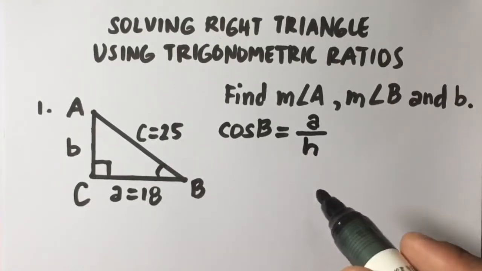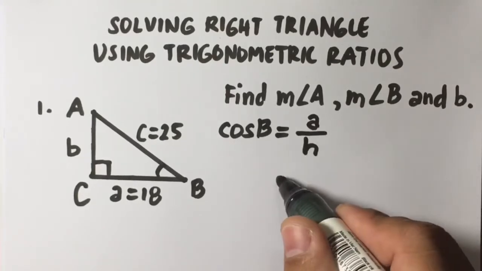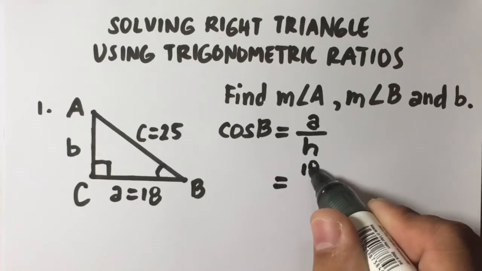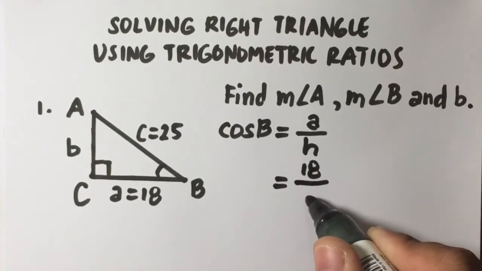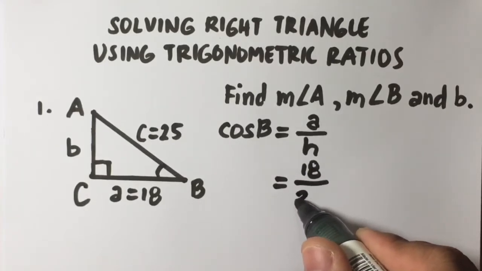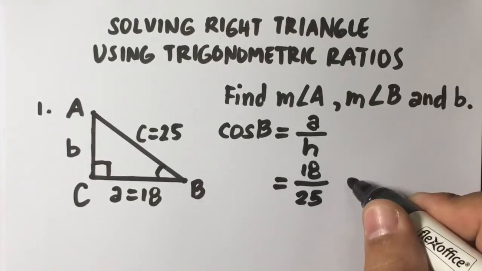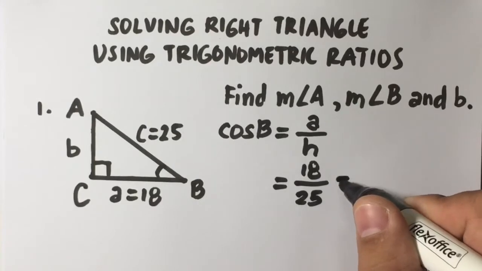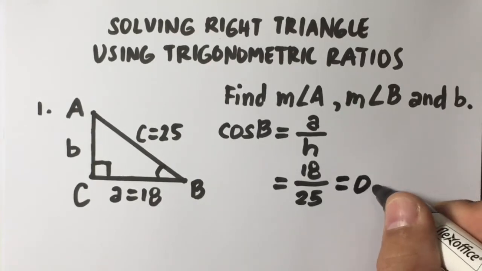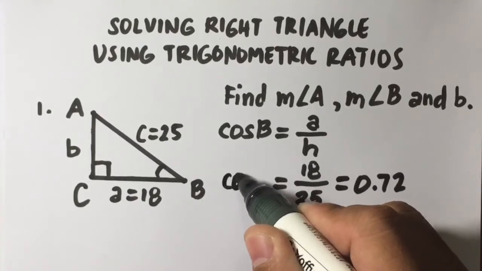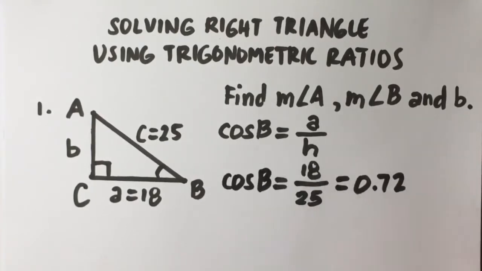Then substituting, A is equal to 18 and H is equal to 25. So 18 divided by 25 is equal to 0.72. So cosine of B is equal to 0.72.